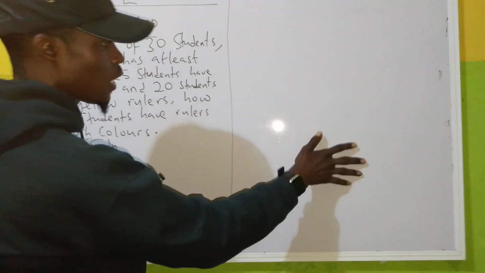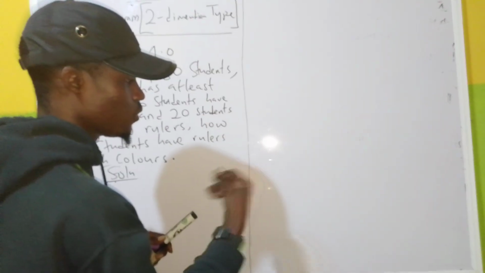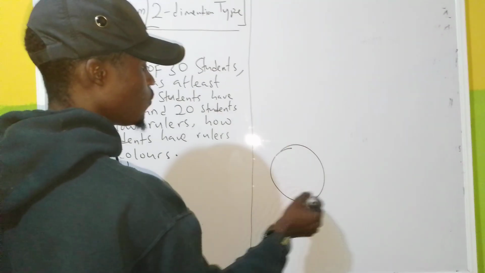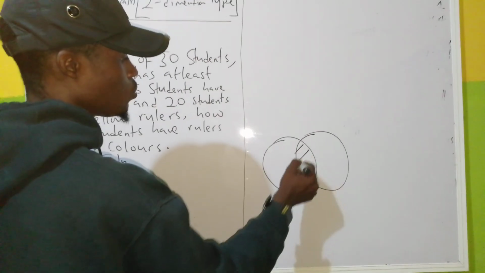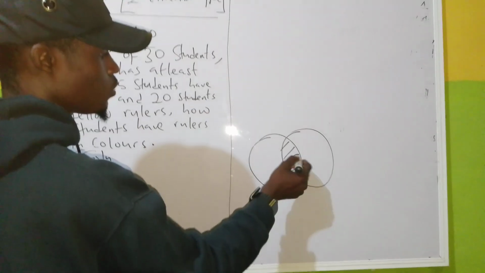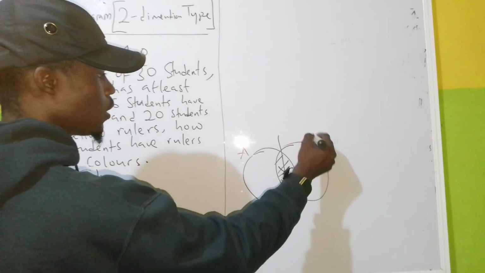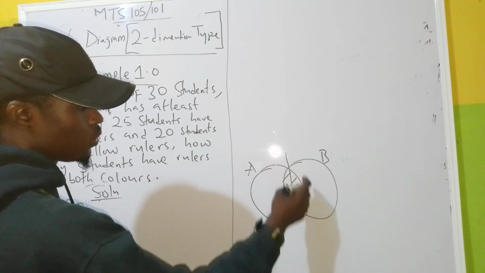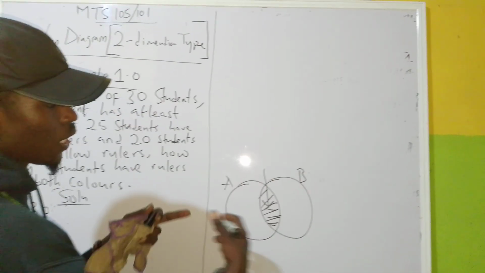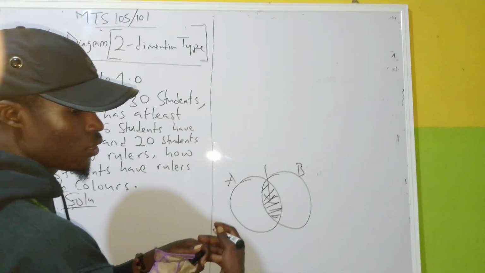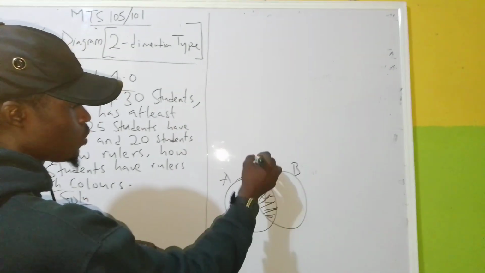There's something in the diagram that I should have done before even passing on this. Whenever you have two connecting circles, imagine this one is set A, and this one is set B. The point where two circles, two oval shapes, are joined to make a Venn diagram is what we call the intersection.